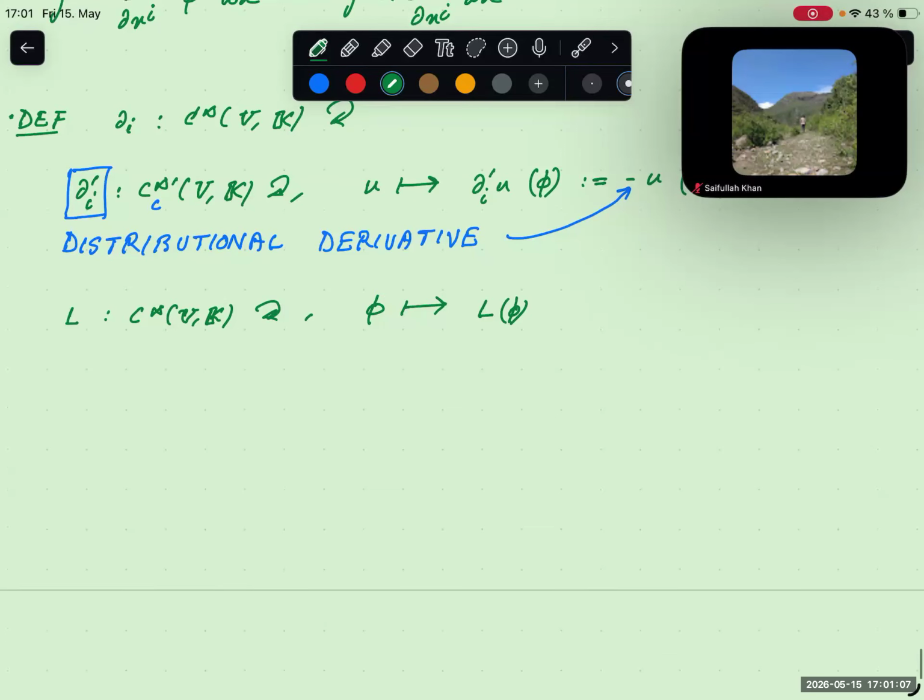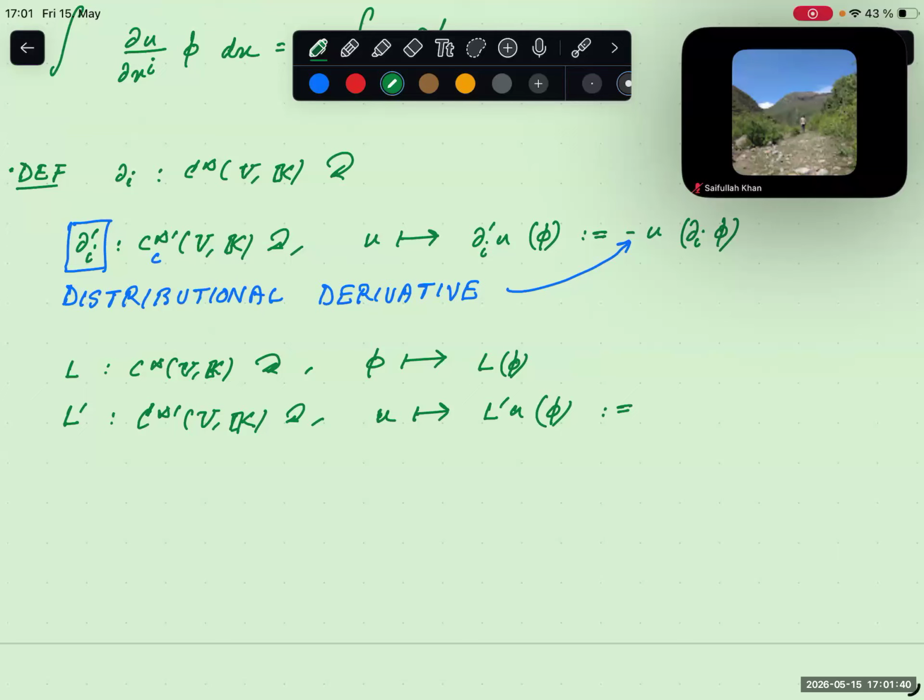Given that, we define its distributional derivative, sometimes also called the dual, let me denote it by L prime, in the distributional space to itself. So u maps to L prime u, and then we smear it with a test function. And this is nothing but u of L phi. Okay, it's just the same definition.